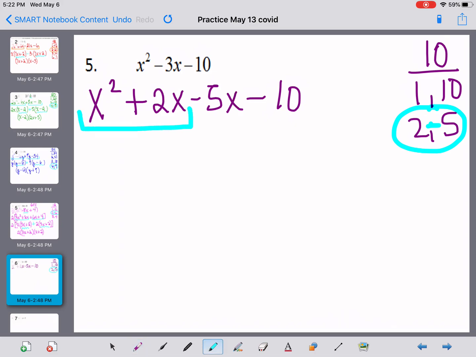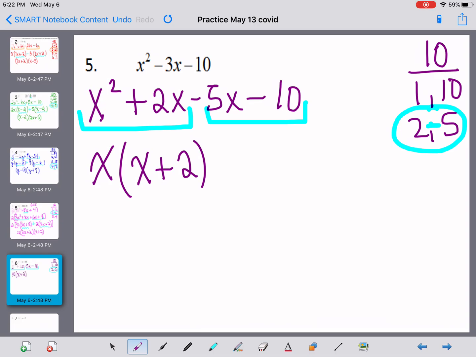and then our pattern continues. Here, greatest common factor in the first group is an x. When we factor it out, we get x plus 2. We had 2 x's, we took out 1, we still have 1. 2x divided by x is 2. We had 1x, we took it out. Sign. Watch out for that sign. Greatest common factor, biggest number that divides into both, is 5.